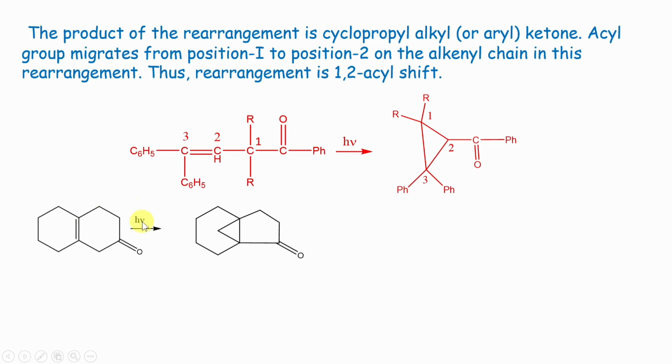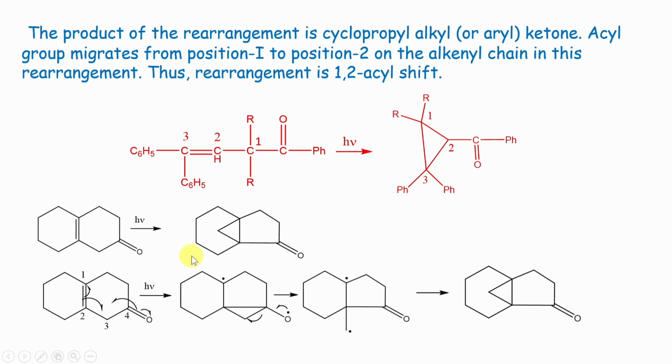On homolysis, the Oxa-Di-Pi-Methane rearrangement takes place to form this product with the formation of a new cyclopropyl ring, with the shifting of the acyl group from the first carbon to the second carbon, or a 1,2 acyl shift takes place here also.